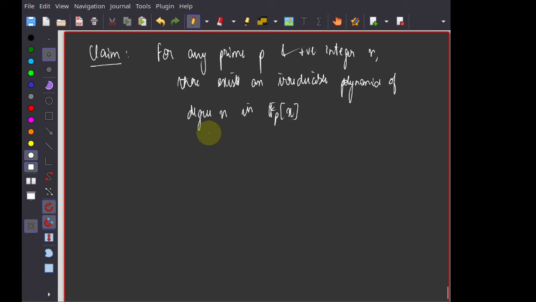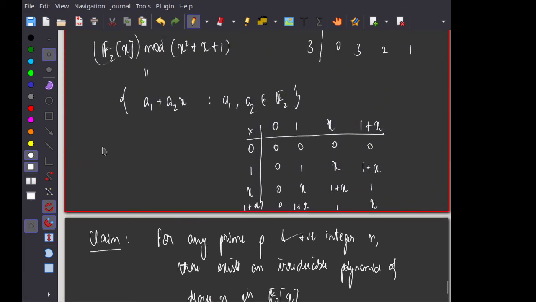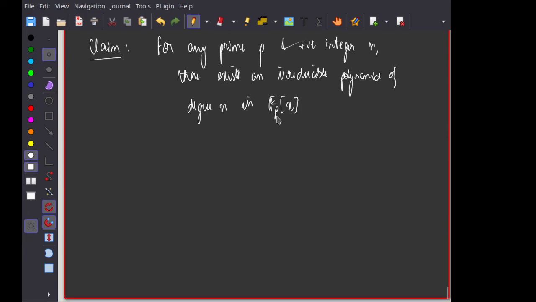Okay, so just before that, in this case, what is the size of the finite field? Suppose I take an irreducible polynomial of degree n and look at Fp of x mod that particular polynomial. How many elements will be there in that set?